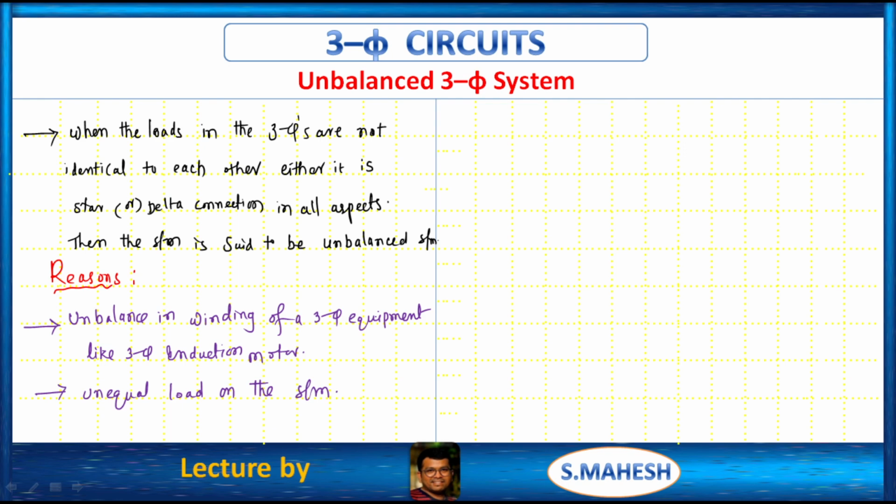Then the phase currents in delta and the phase or line currents in star connection differ due to what? Due to unbalancing, right? So the phase currents in delta and the line currents as well as the phase currents in star differ in unbalanced loading, giving rise to what? A neutral current.